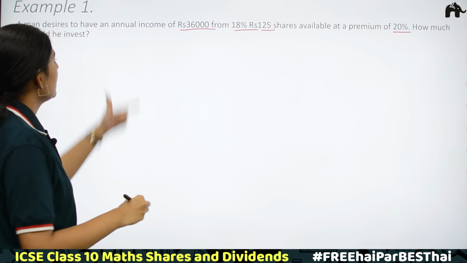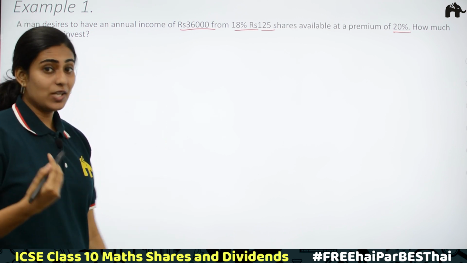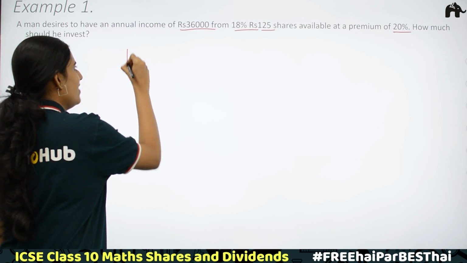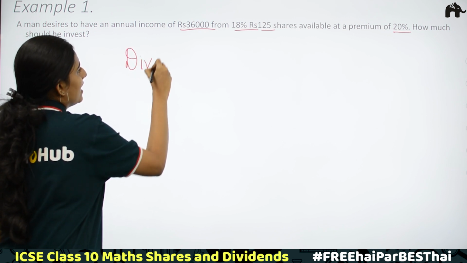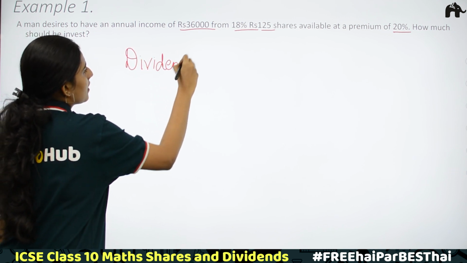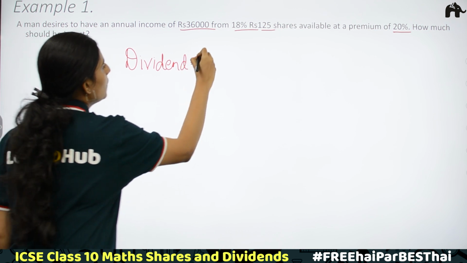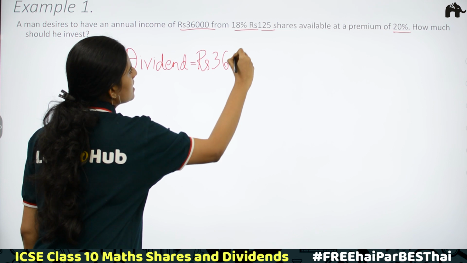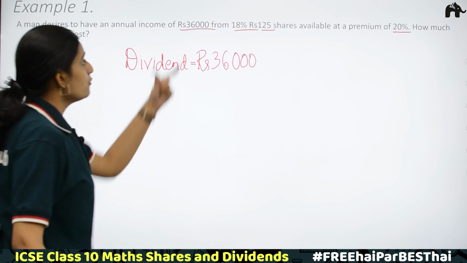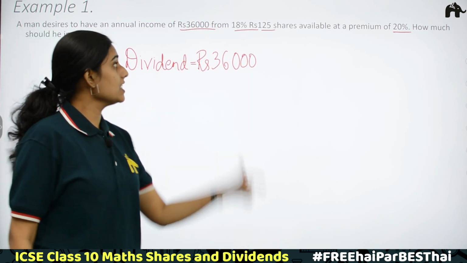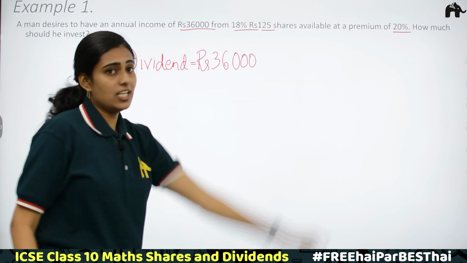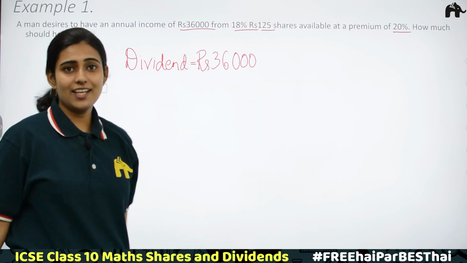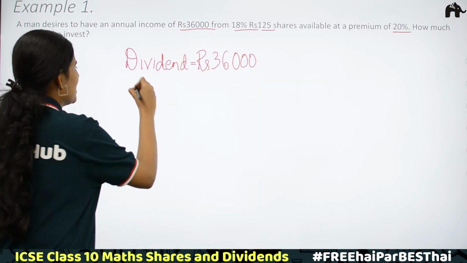Given the annual income, which is the dividend. Yes, dividend is given, which is equal to rupees 36,000 from 18% rupees 125 shares. What is this 18%? Dividend percentage, right?